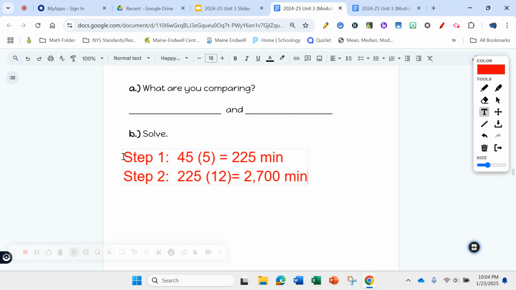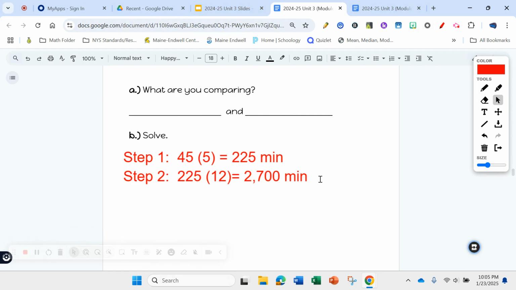Now it says how many laps did he do per hour? So my next step is step 3. I'm going to take 2,700 minutes and divide it.